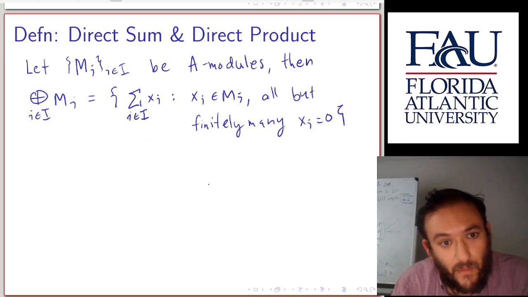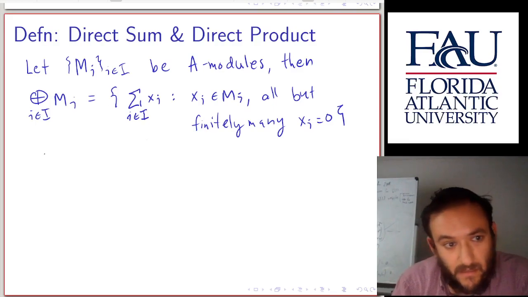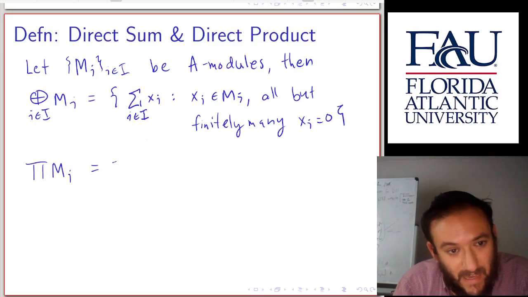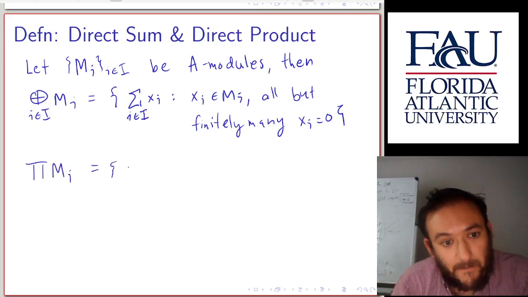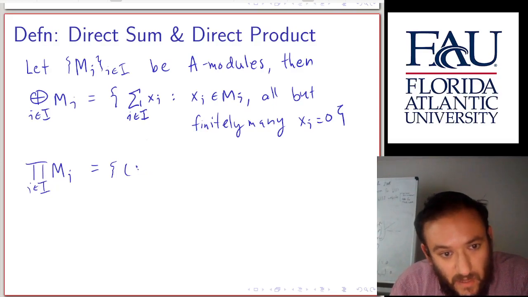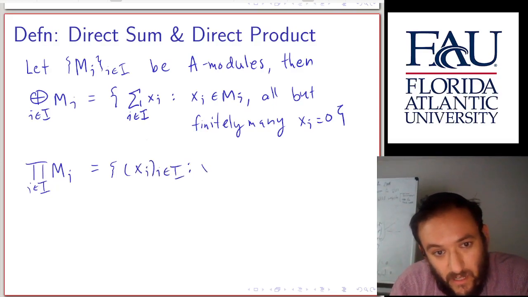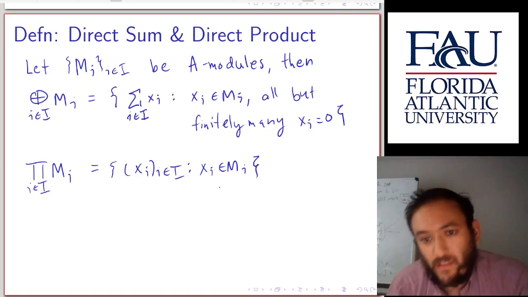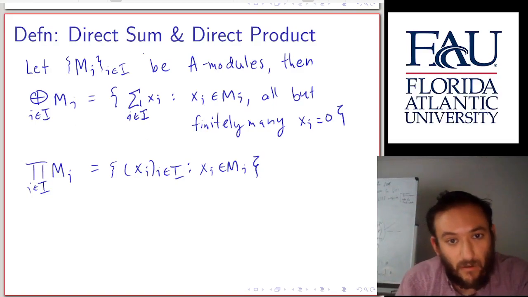On the other hand, if we take the direct product, we usually denote this as a sequence. Again, this will be over the index set. This will be a sequence of xi for i in I, where each xi is in Mi, but we don't have the restriction that finitely many of them have to be 0.